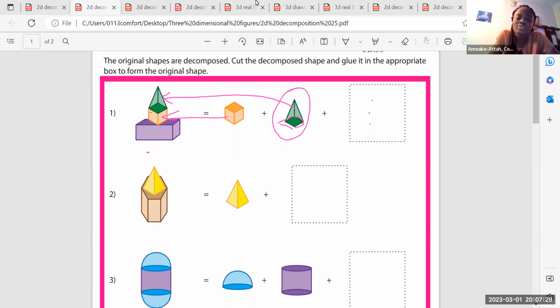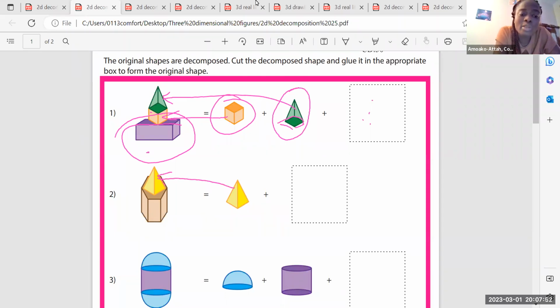So this is a pyramid, and this can be a cuboid. What was left down here? A cuboid was left. It's a cube, and a cuboid was left down here. Then coming to this, we have the pyramid on top, and we have the prism down here.